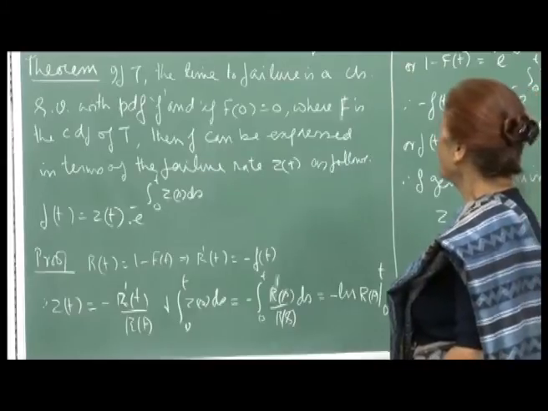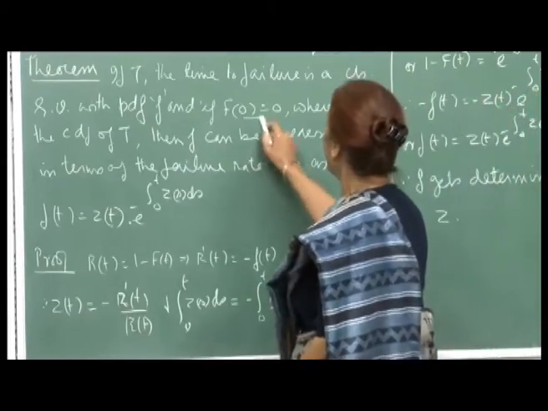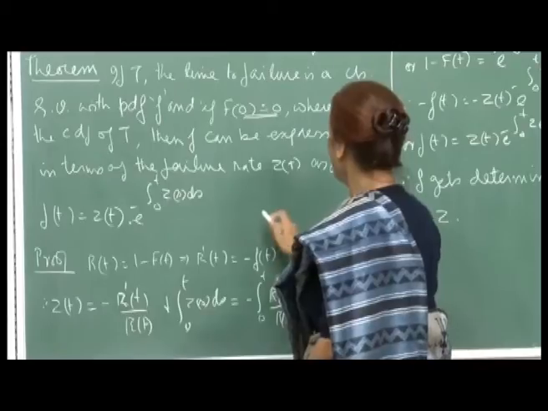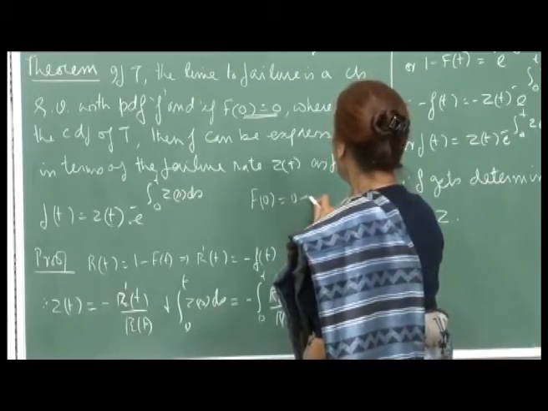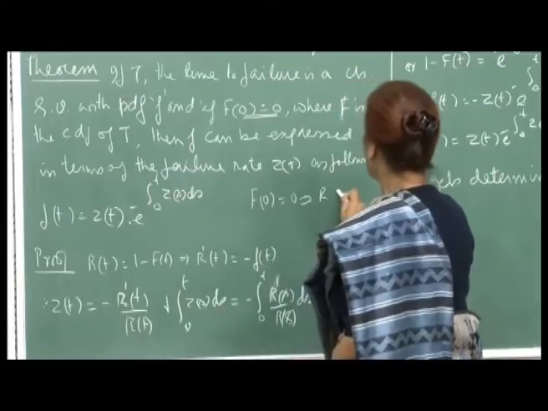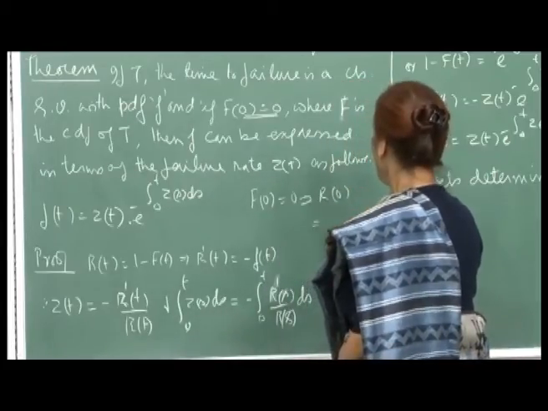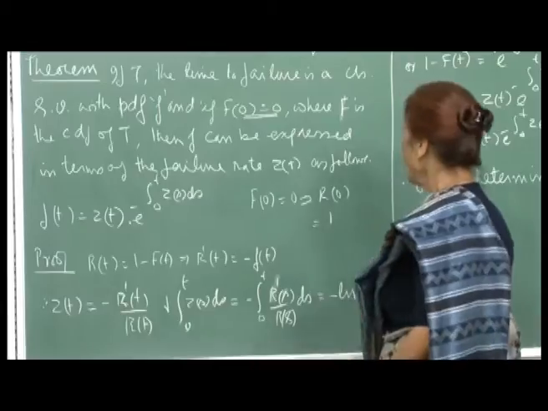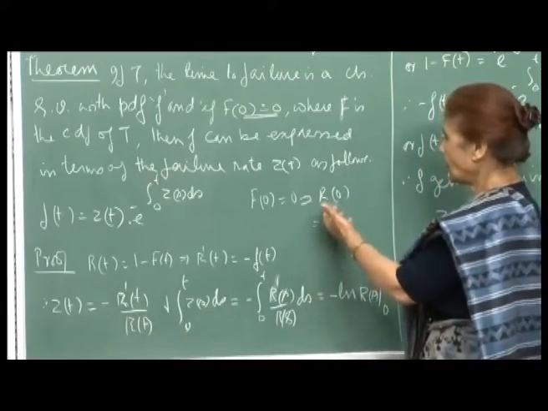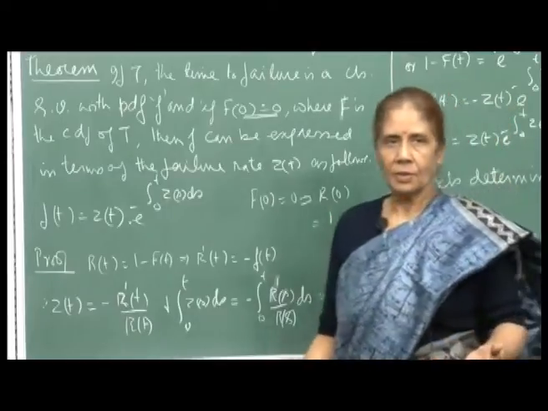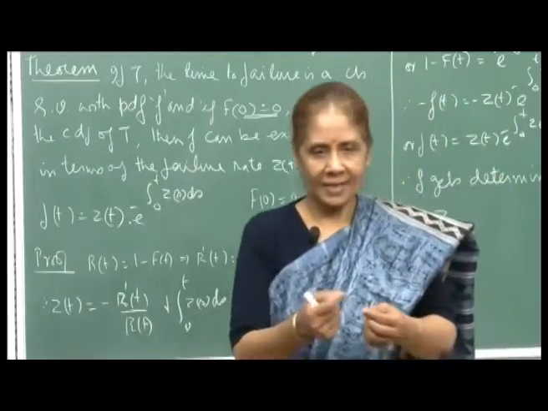And of course, this makes sense. What are we saying? That F(0) is 0 implies that R(0) is 1. So, that means when the time is 0, your system is not going to fail. It will require some time.